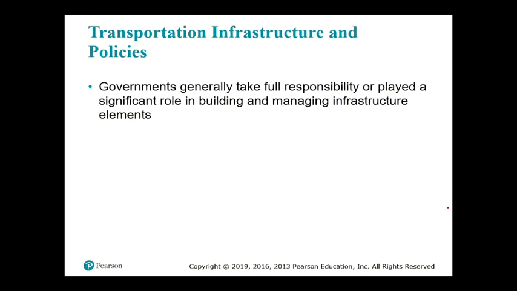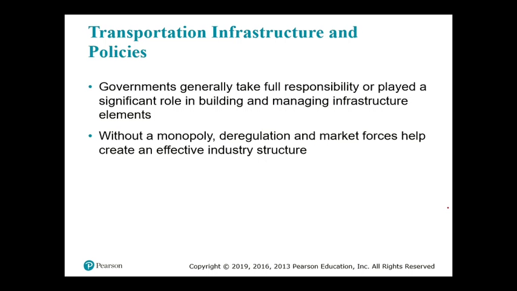And whatever policy is imposed or removed is going to have a very large impact on the transportation sector, on which transportation mode is used more or less.